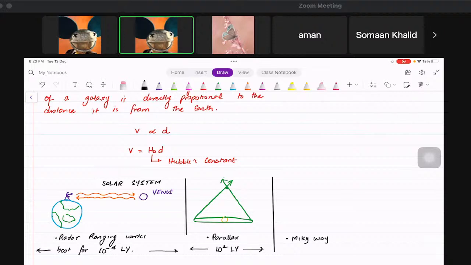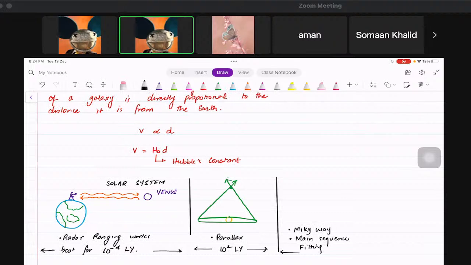There's a method called main sequence fitting. Again, we'll learn about it, but you don't really need to stress on it. Main sequence fitting is for the objects which are further away. When we learn main sequence, I'll tell you how it is. Just write it down right now. So it's basically for 10 raised to 5 light year distance away, like that.